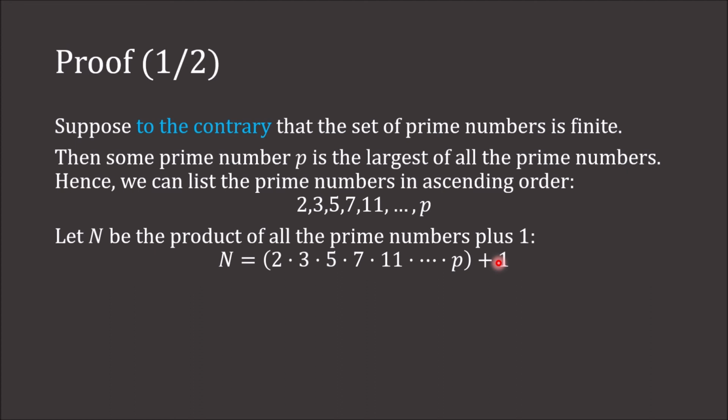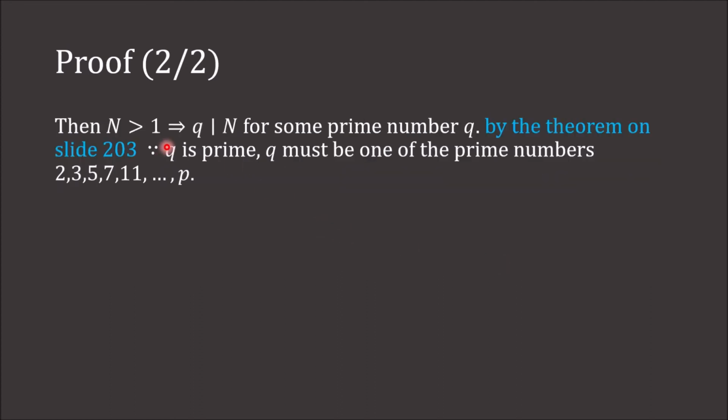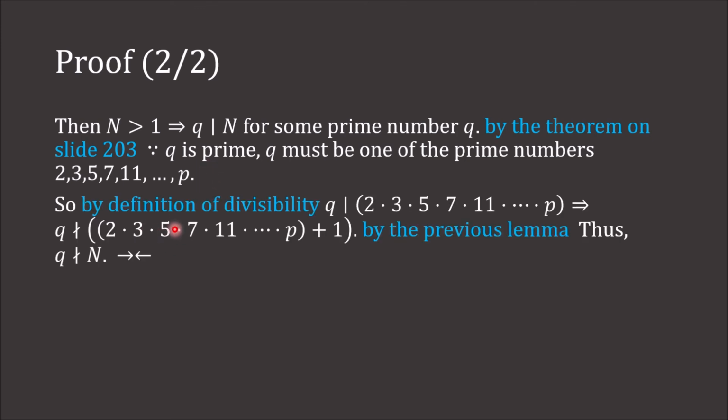Well, now clearly, N is greater than 1, which implies q divides N for some prime number q. Because q is prime, q must be one of the prime numbers 2, 3, 5, 7, 11, up through p. This means by definition that q divides 2 times 3 times 5 times 7 times 11 times p, because q is one of these numbers.